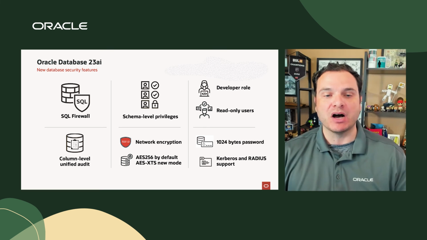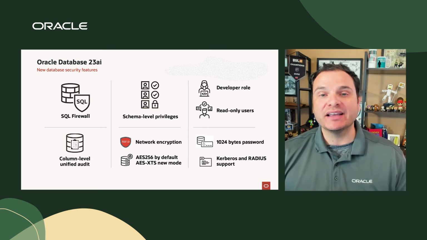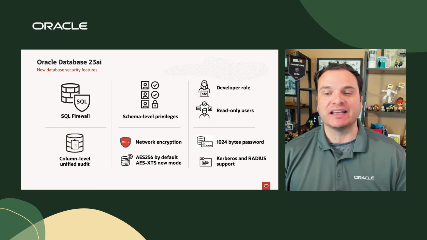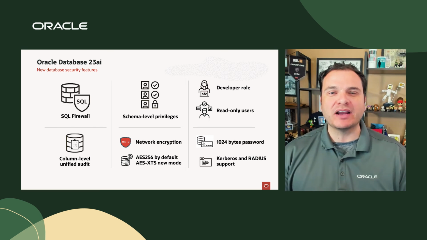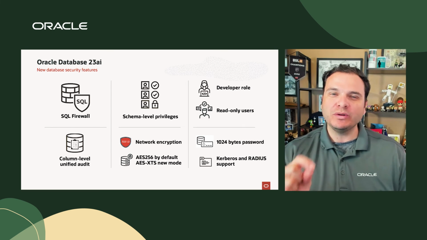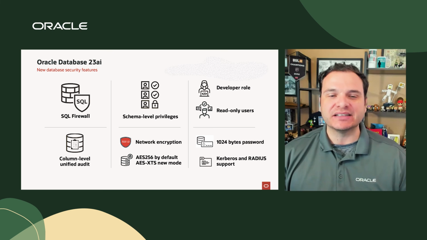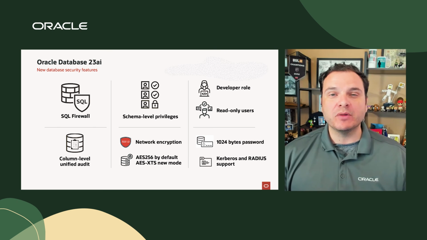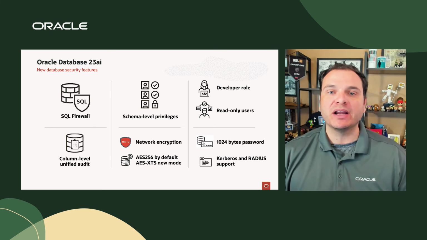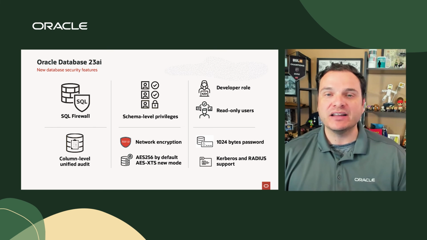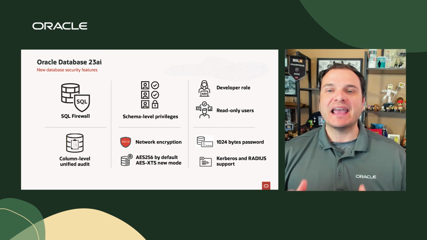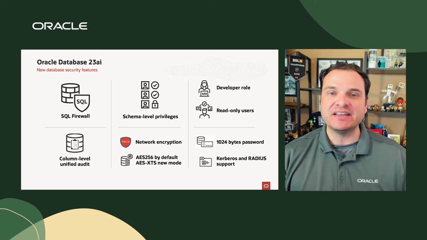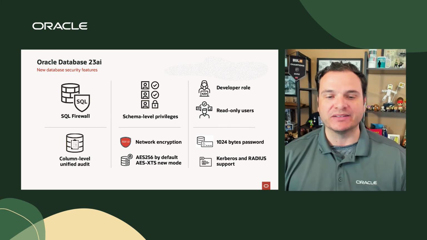In 23ai, we have a developer role and read-only users to help you follow a least privilege model. Unified Audit can now perform column-level auditing so you can reduce the number of audit records that you're collecting to only those queries that are accessing those sensitive columns. Encryption in motion and encryption at rest were upgraded in 23ai with TLS 1.3 supported and AES-256 as the default encryption for tablespaces.